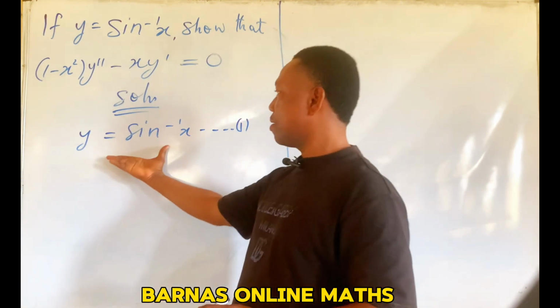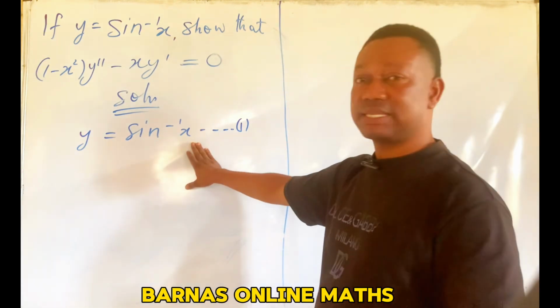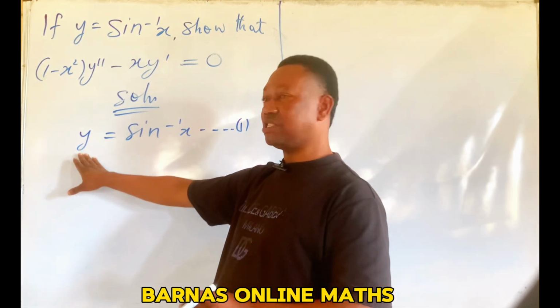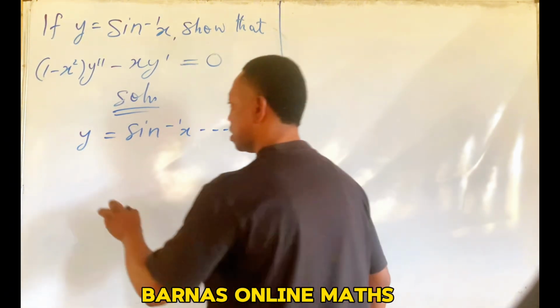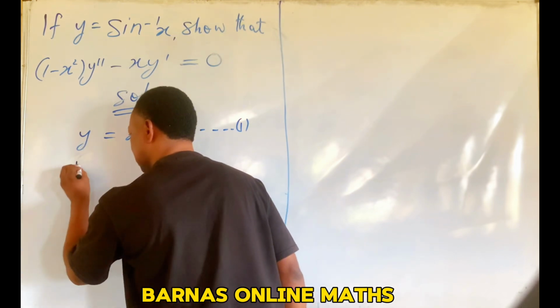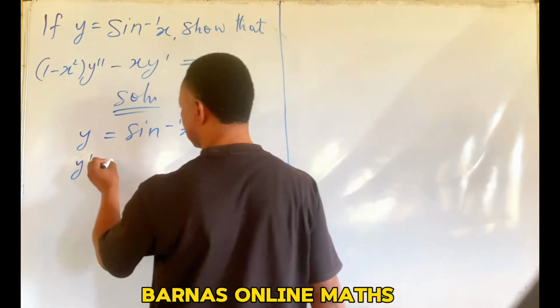So from here, we have to differentiate y with respect to x. If we differentiate y with respect to x, that will give us dy/dx, which is our y prime.